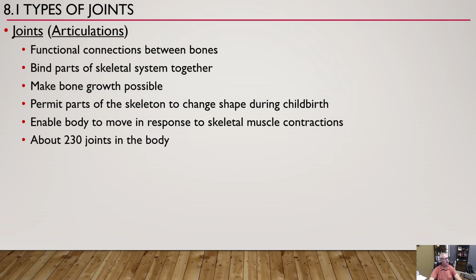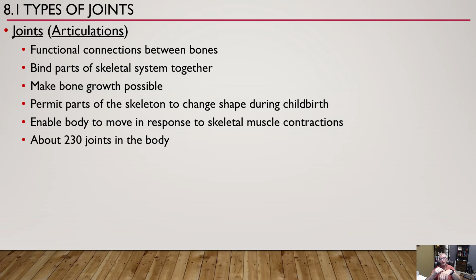All right, so I mentioned before that anytime bones come together to join together, we call them joints. But the more proper medical name is an articulation. So, you know, your phalanges, your phalangeal joint articulates with your metacarpal.